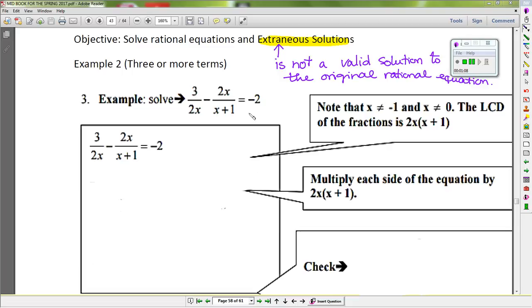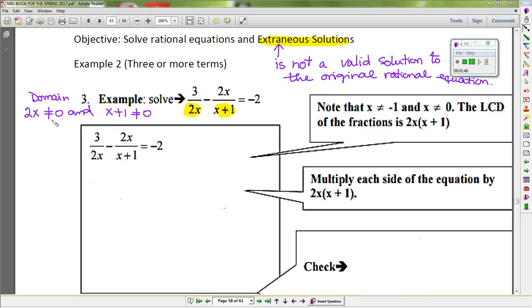The first step is that we are going to find the restrictions for our domain. So what I did right here is solve for x. 2x cannot be equal to 0, and x plus 1 cannot be equal to 0.